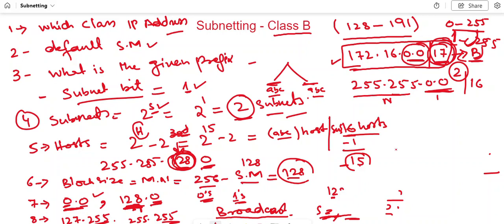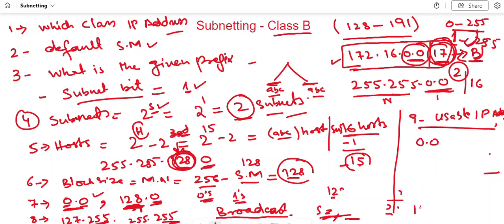I will write here the last step, step number 9: usable IP addresses, or usable host addresses. The usable host addresses, as we calculated in our previous class C subnetting, are in between the network address and the broadcast address.